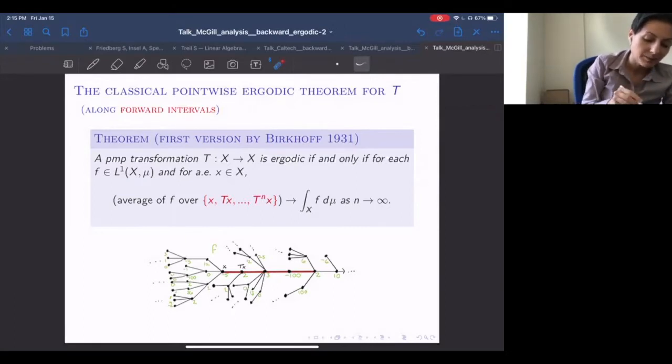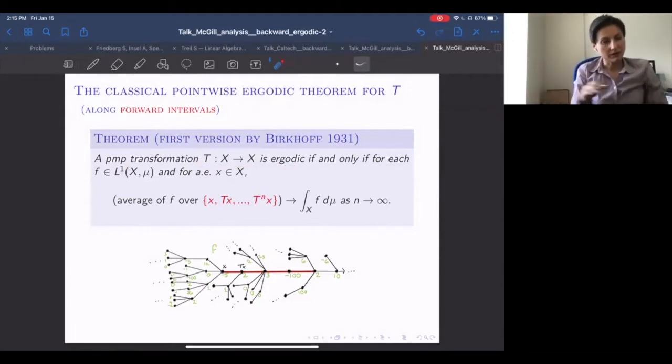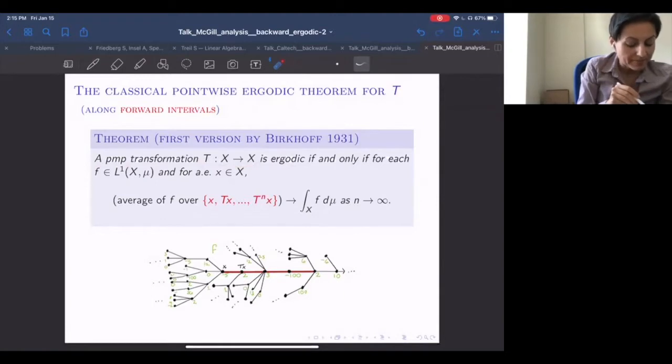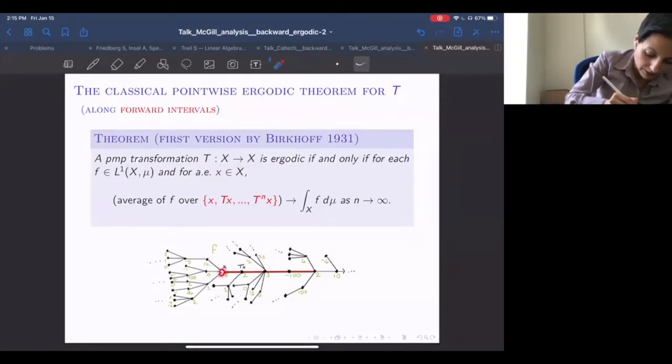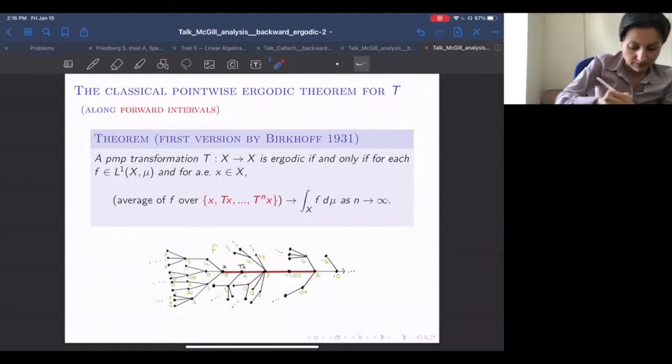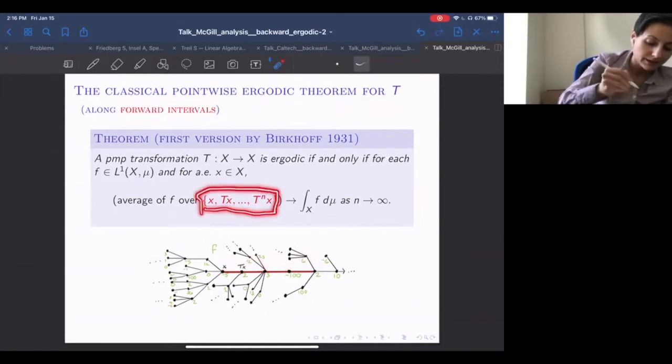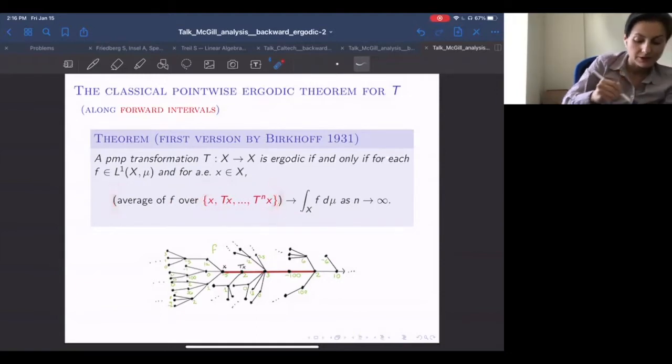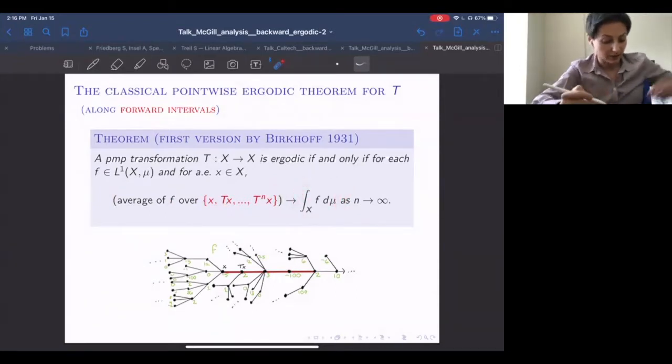It says that for any PMP, probability measure preserving transformation T, like in the previous slide, this transformation is ergodic if and only if, whenever you have an L1 function, for almost every point, if you localize yourself to some point x and look at the interval of its images in front of it, x, Tx, T squared x, and so on, and you take n large enough and consider the average of this function over this finite set, the sequence of these averages converges precisely to the expectation of f, the mean of f, as n goes to infinity.